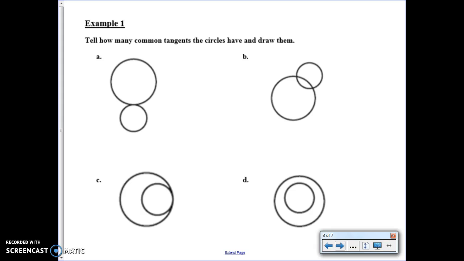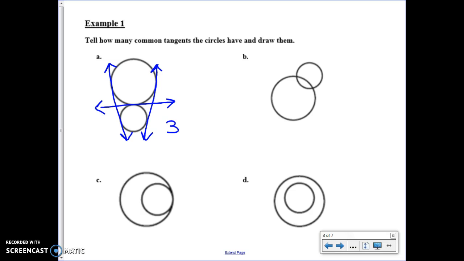Right here along the side would be 1 tangent. Right here along the side would be another tangent. And then right here in between would be a 3rd tangent line.